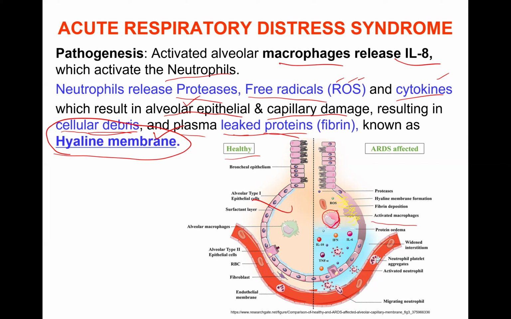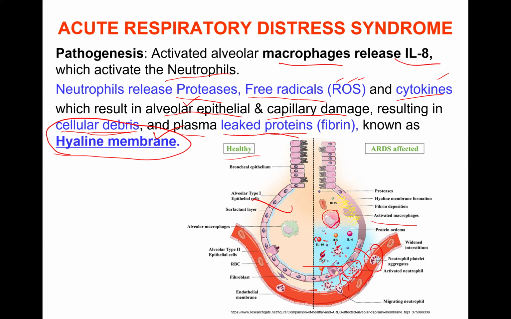Interleukin 8 activates the neutrophils. Now neutrophils leave the capillary circulation, get activated, and release different chemical mediators, these dotted proteases, free radicals and cytokines, which start damaging the capillaries themselves, which become leaky to release this bluish colored protein-rich fluid you can see.